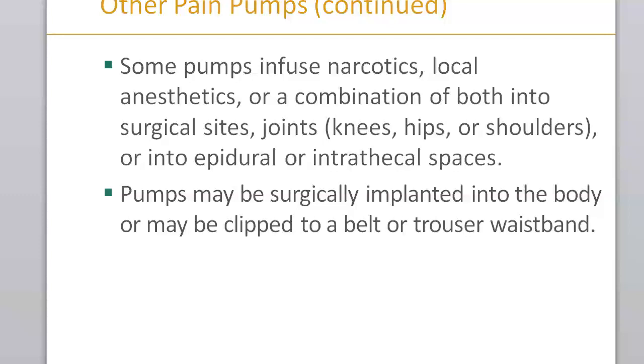And the nurse regulates that flow rate by counting the amount of drips that fall inside that drip chamber over 1 minute. So it's necessary that the nurse have a watch so she can accurately count for a full minute. And so that adjustment of drops per minute is controlled by the nurse by opening or closing that roller clamp, or even by moving it up or down the tubing.